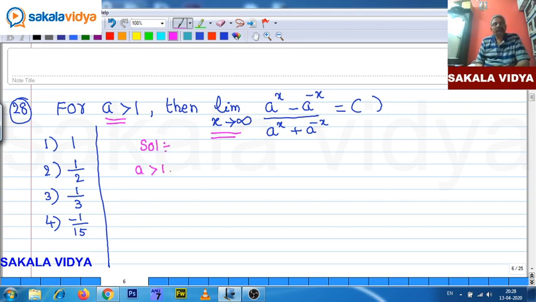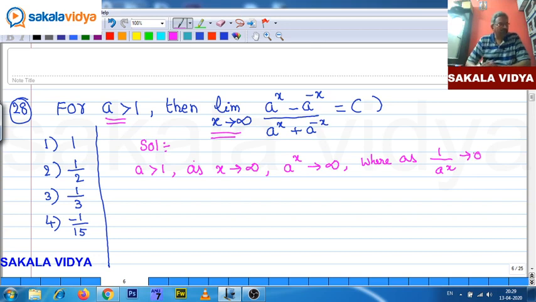If a greater than 1, as x approaches infinity, a power x also approaches infinity, whereas 1 by a power x approaches 0, that we can confirm. So better you do one thing: divide both numerator and denominator by a power x.